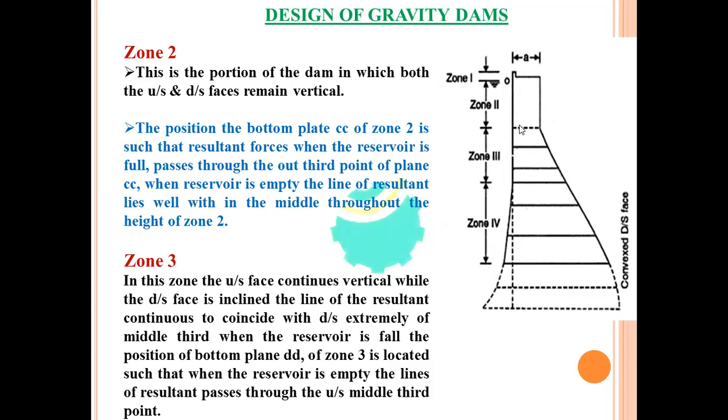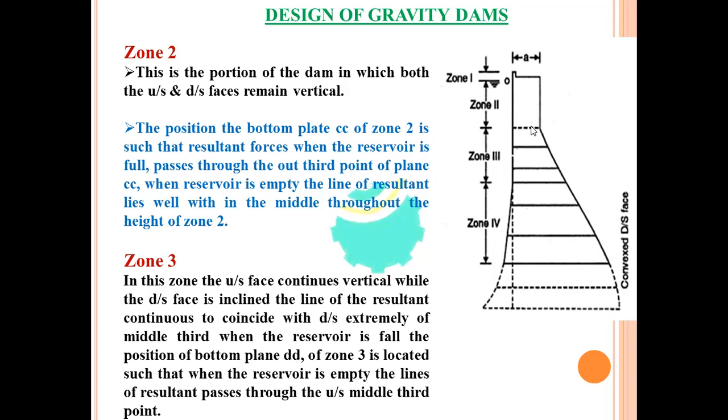So in this zone we must take care that the resultant force passes at the M1 position here, one-third distance from the upstream side when the reservoir is full, and in the empty condition the resultant passes through the M2 position here, that means one-third distance from the toe to the inner side.